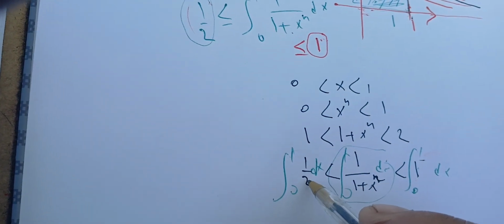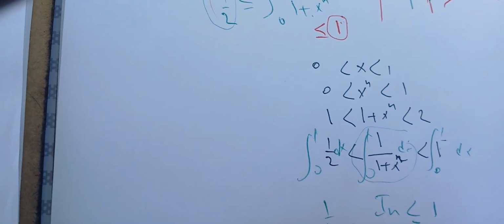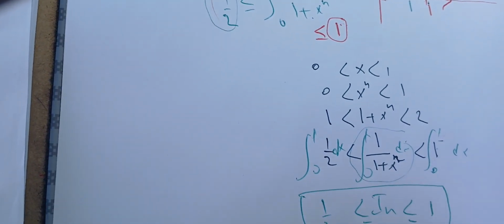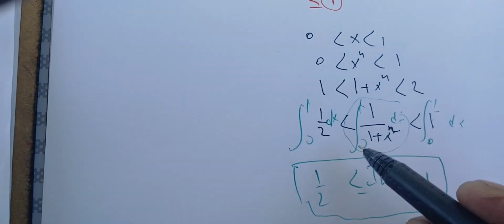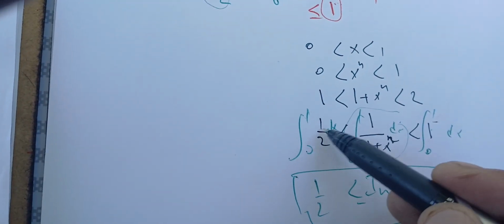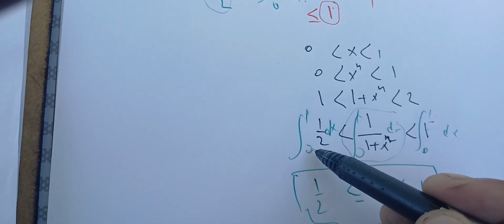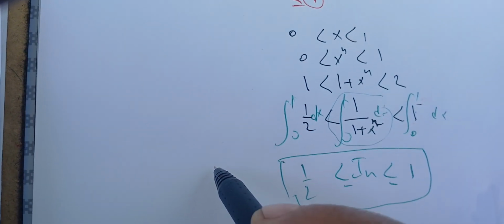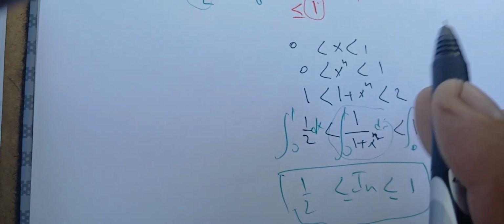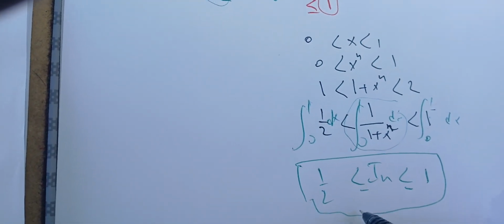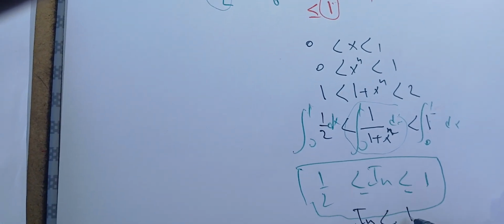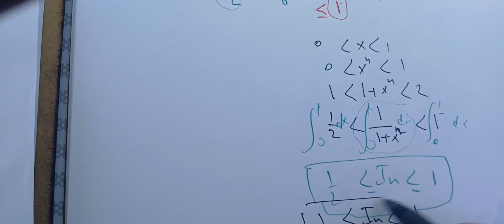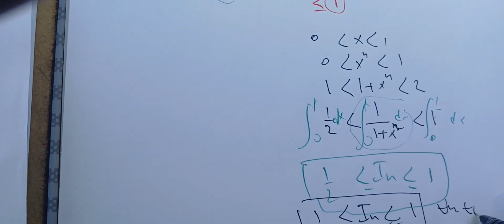And here we integrate 1/2 between 0 and 1, and we get 1/2. That means the minimum does exist because our functions are continuous and this interval is bounded. So our integral is going to be between 1/2 and 1 for all n, no matter which n we take.